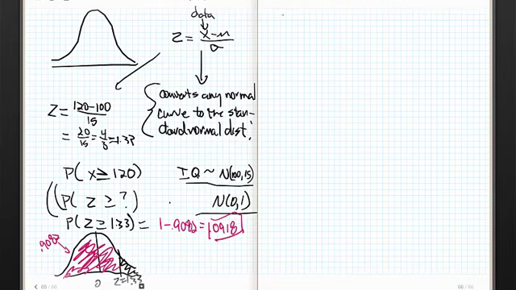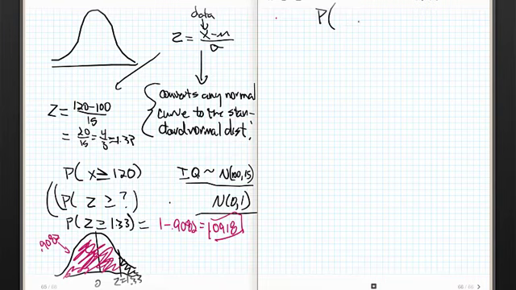All right, let's do the same thing with heights this time. I'm going to change this back to black. I want to find the probability that, let's see, I'm 6'1", and I've got friends that are 6'2", and some friends that are 5'10".